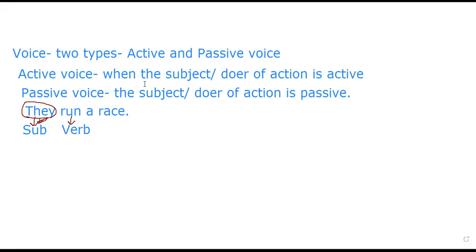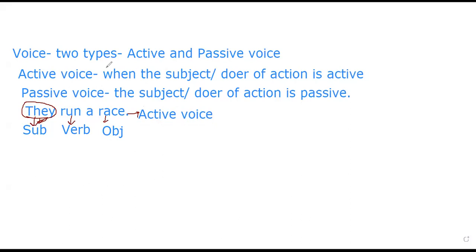Okay. And a race is object. Clear? And it's active voice because the subject or doer of action is active. Clear? It's an example of active voice.